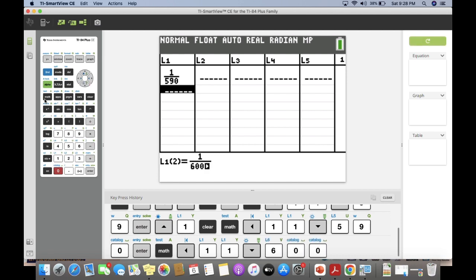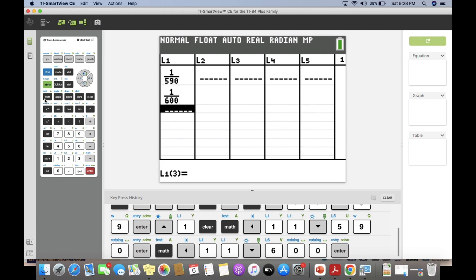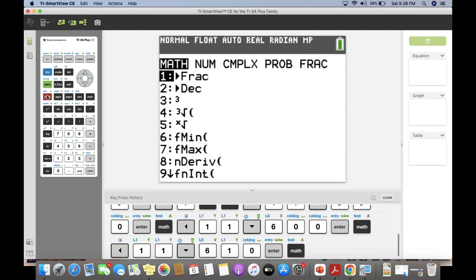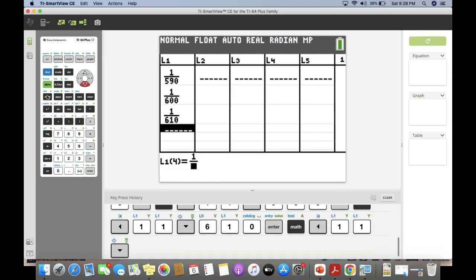I don't know if there's an easier way to copy this, but if you know a trick on how to copy this one, it would be a lot easier. Then you just have to change the values. Then math, 1 over 610. Okay, math, 1 over 620.